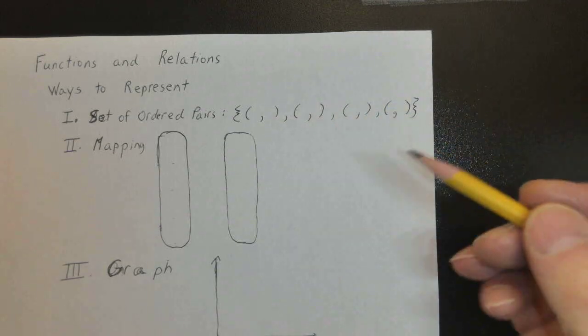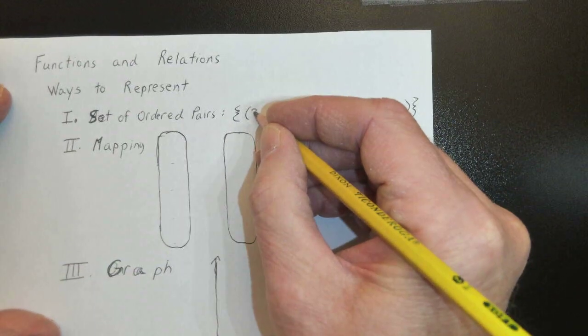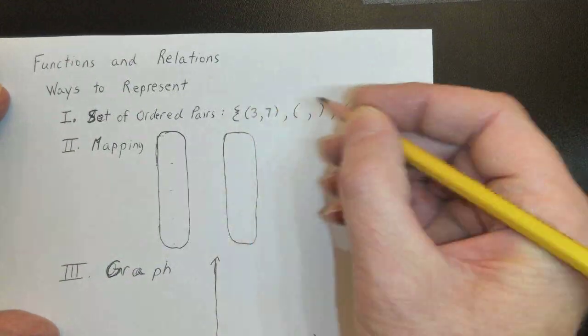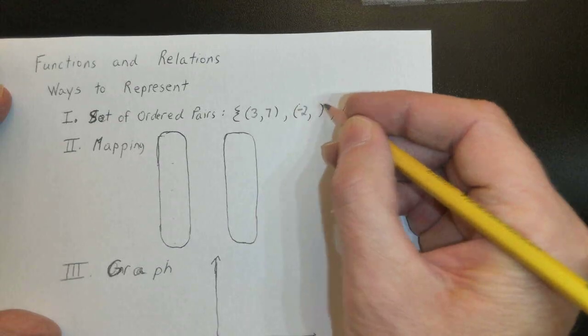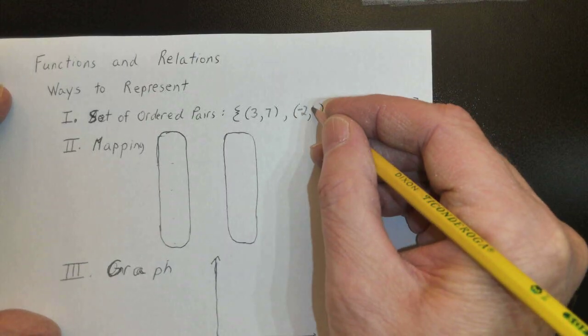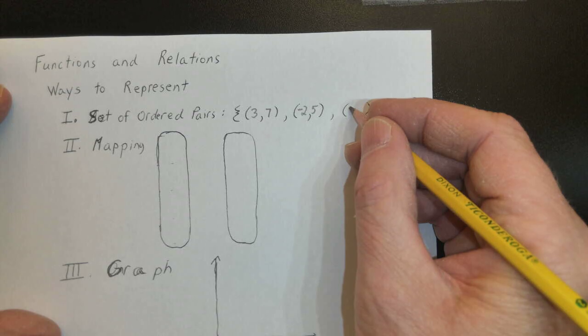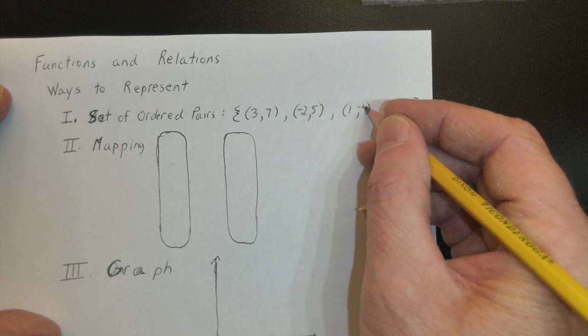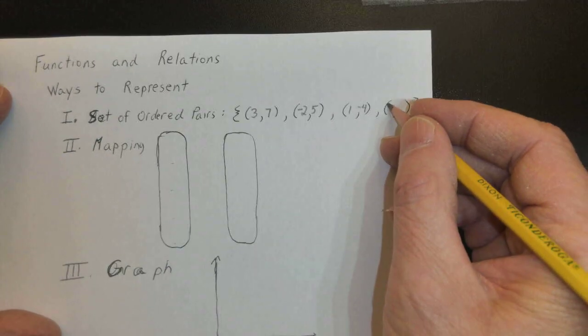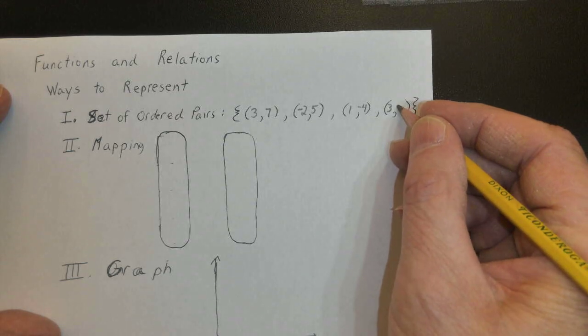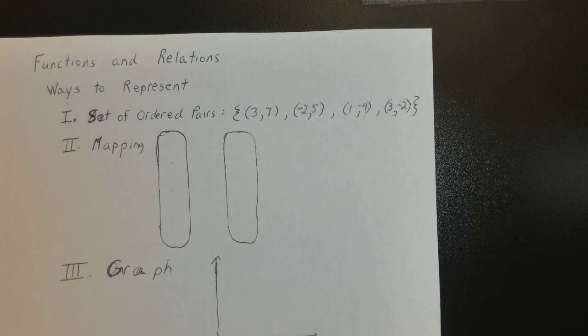So if we write them as a set of ordered pairs, let's just write some: (3, 7), (-2, 5), (1, -4), and (3, -2). Okay.